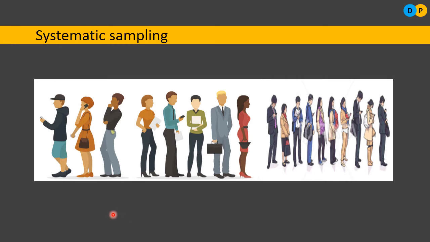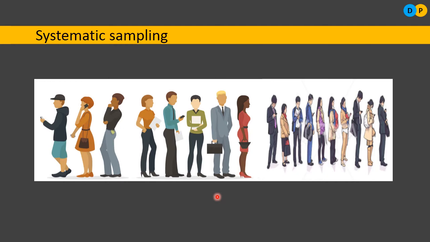Here he has only 10 watches that need to be given away to 10 individuals, not to 100. So what is he doing? He will be dividing these 100 individuals into 10 groups. Are you understanding? They are divided into 10 groups.